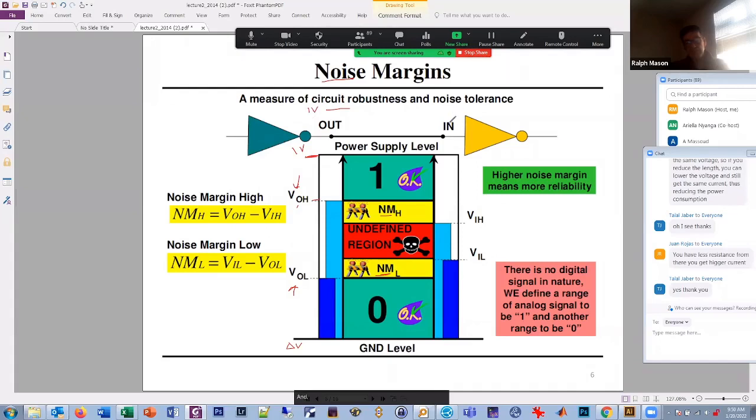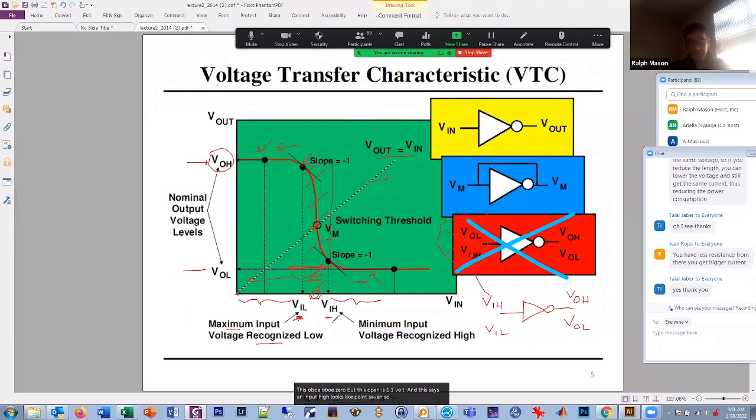And for this to recognize an input high, maybe the input high is 0.7 volts to recognize a high. This output is 1.1 volt, and this says an input high looks like 0.7. So this is 0.7, and this is 1 volt here.